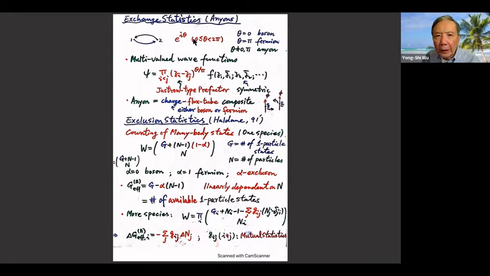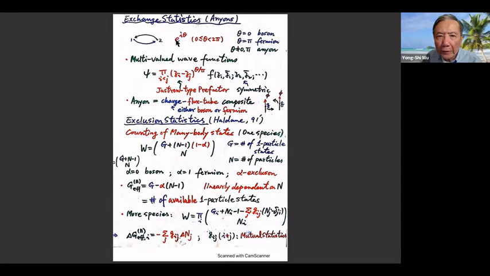Okay. Usually we have fermions and bosons. For bosons, the phase is 1. For fermions, when we exchange the two particles, the wave function changes by a sign.